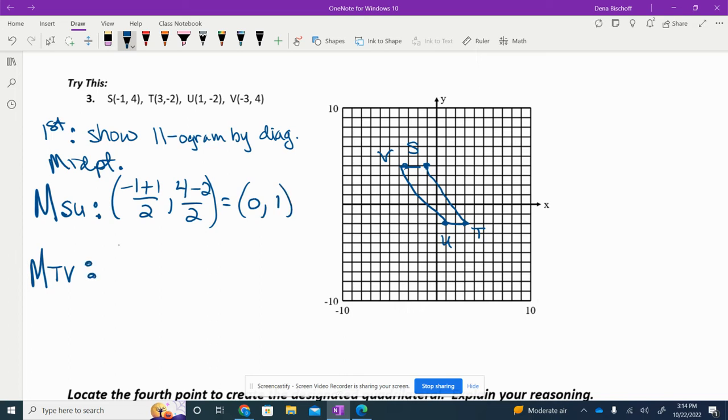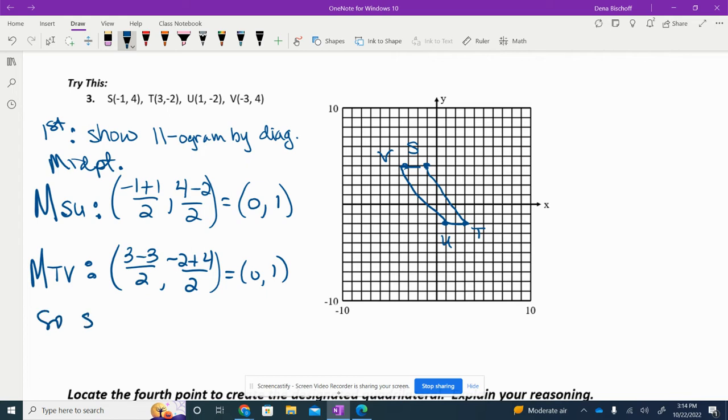Let's find the midpoint of TV. So 3 minus 3 over 2 and negative 2 plus 4 over 2. So when I simplify those, I have 0 over 2, which is 0, and 2 over 2, which is 1.